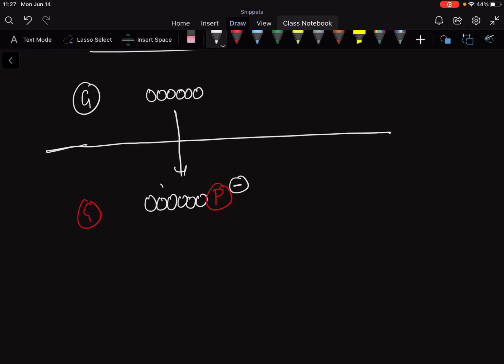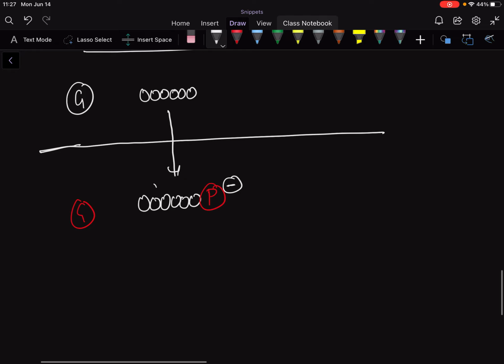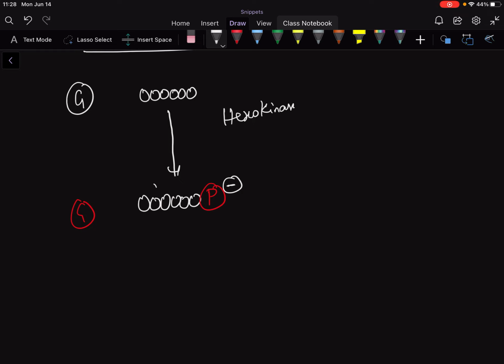We are making sure that the glucose won't escape this cell, by adding a phosphate which is negatively charged. So that's why we are adding a phosphate here. So what is the enzyme here? The enzyme here is hexokinase or glucokinase.